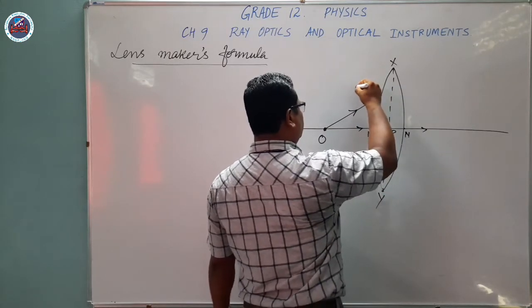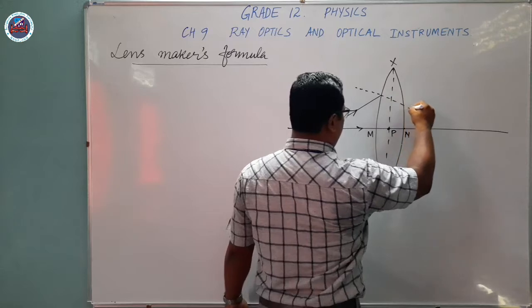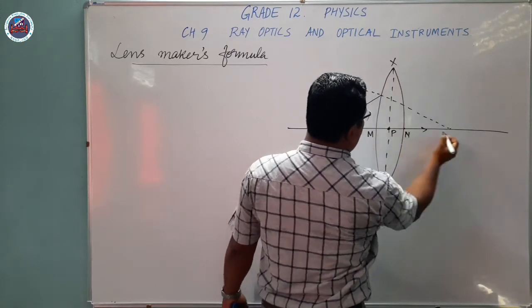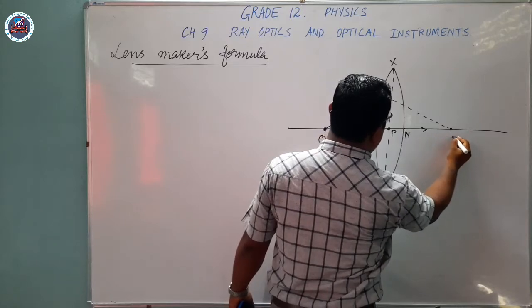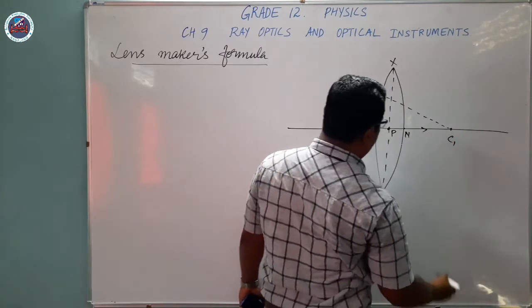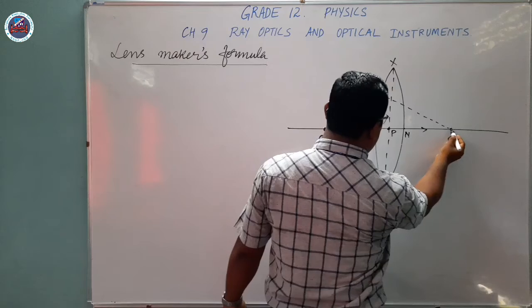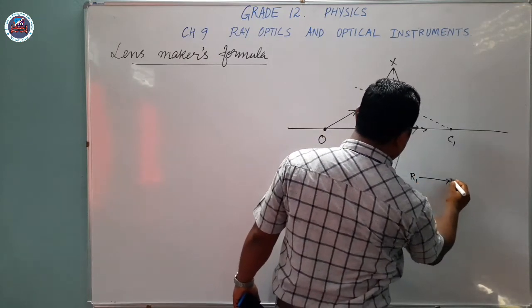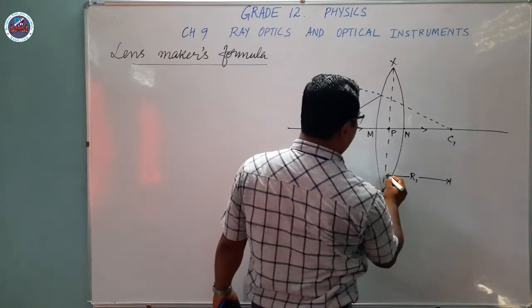If you draw the normal perpendicular to the surface, then this point will be marked as C1, the first center of curvature, and the distance from the pole up to the first center of curvature, we'll call it the radius of curvature, R1.